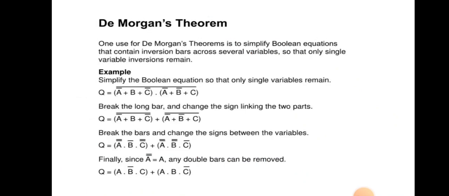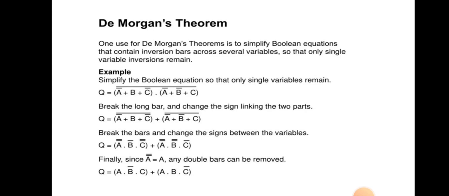Now we will see some examples of De Morgan's theorem. One use for De Morgan's theorem is to simplify Boolean equations that contain inversion bars across several variables, so that only single variable inversions remain. The example is: simplify the Boolean equation so that only single variable inversions remain.